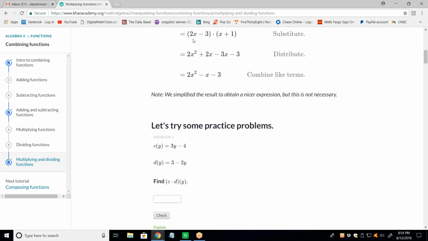In other words, when you do FOIL on these two, you get this, and then you're always combining the two middle terms. You're never combining the far left term or the far right term. And when you combine the two middle terms, you get this.